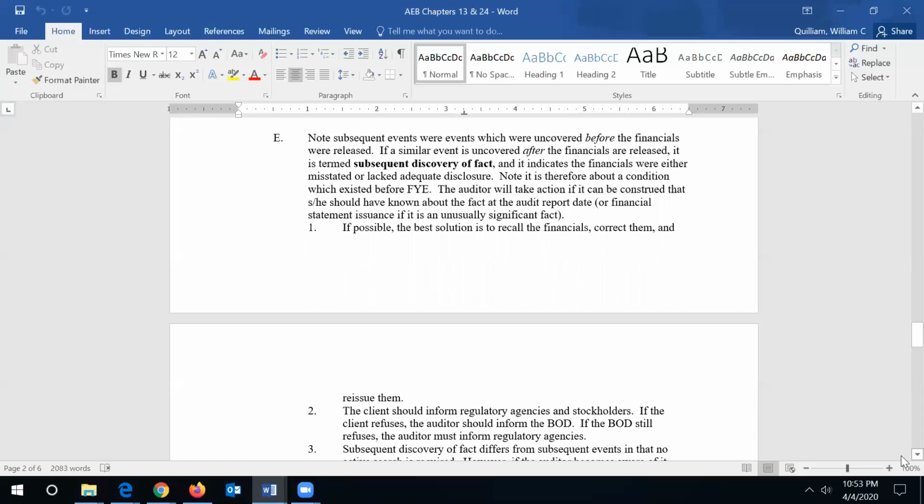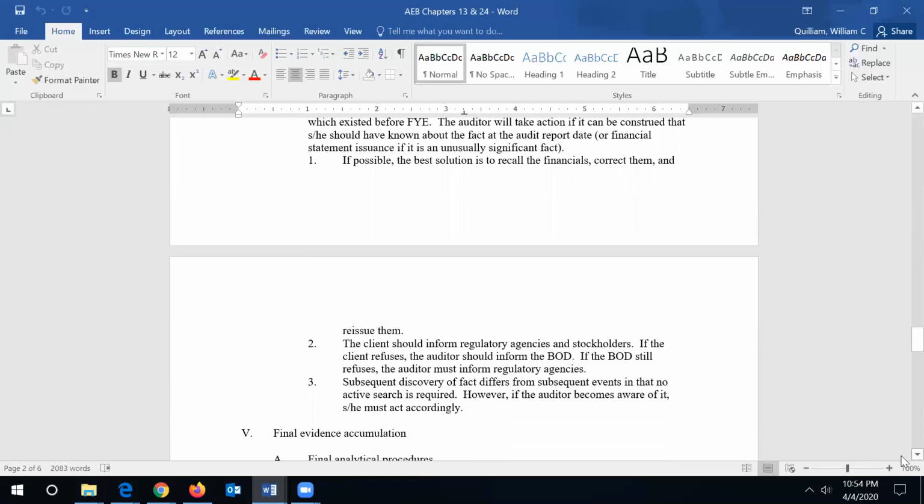And the auditor will take action if it can be construed that he or she should have known about the fact at the audit report date or financial statement issuance if it's an unusually significant fact. By the way, one of the most common subsequent discoveries of fact is to discover fraud in the financial statements. So obviously, we're talking about something big here, not something run-of-the-mill.